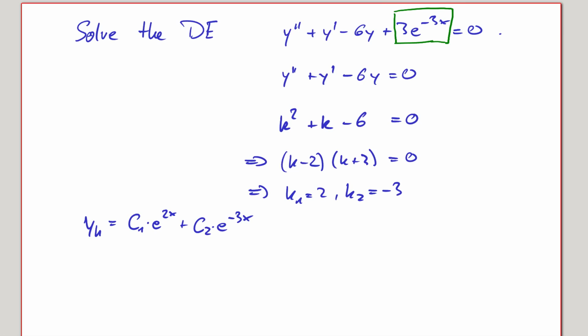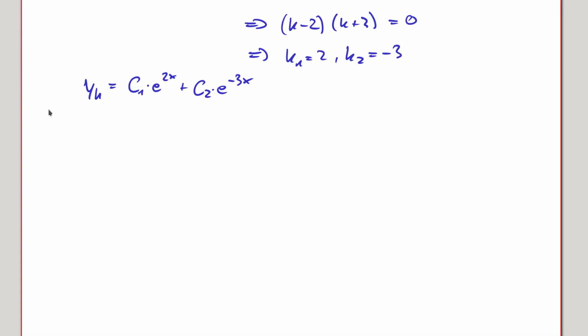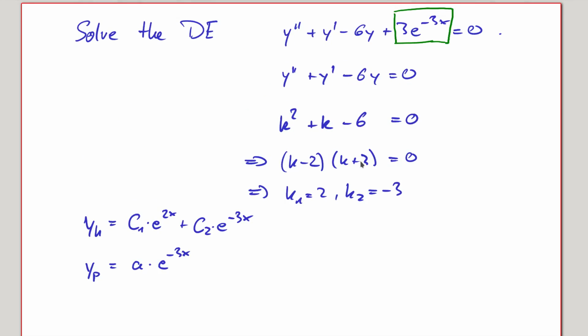So we start with the following. We assume that yp is a function of this kind: a times e to the power of minus 3x. This minus 3 stems from this minus 3 over there, and this has to be kept here. We're not allowed to change this or replace it by something else.